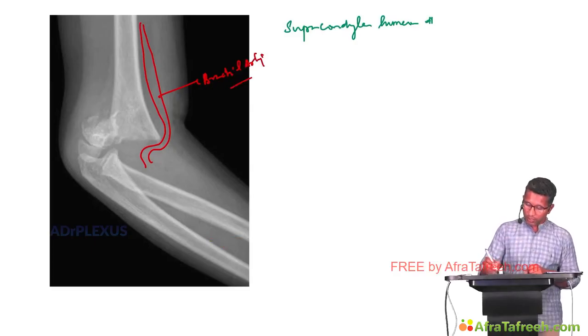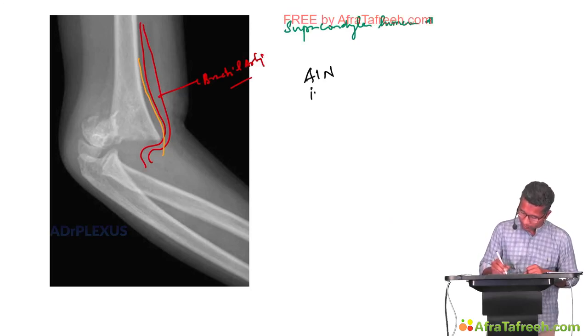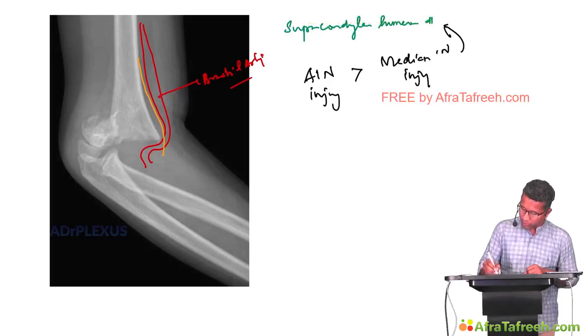Also remember, there is a nerve which runs in front of the humerus, and a branch of it, the anterior interosseous nerve, is the one mostly damaged. So anterior interosseous nerve injury is more common than median nerve injury in supracondylar humerus fracture.